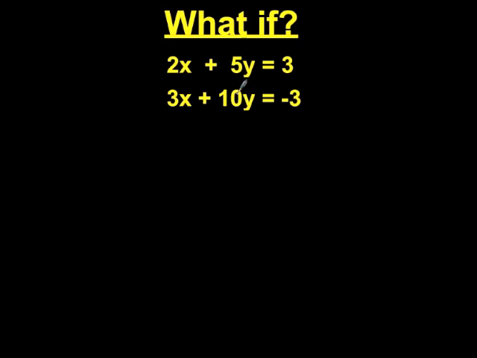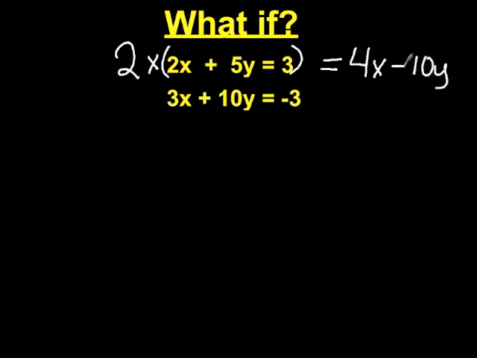So what we can do to allow us to use the elimination method is we can multiply this entire equation by 2. And if we do that, 2 times 2 is 4x. 2 times 5 is 10y.